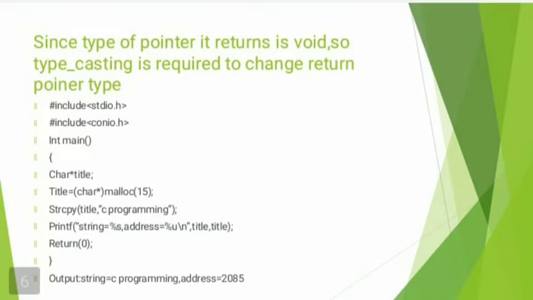Since the type of pointer it returns is void, type casting is required to change the returned pointer type. On the screen, there is a program, see it. In logic, title is equal to (char *) malloc of size 15. So the size of the character array is 15.